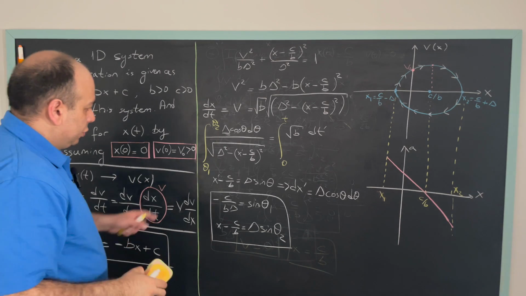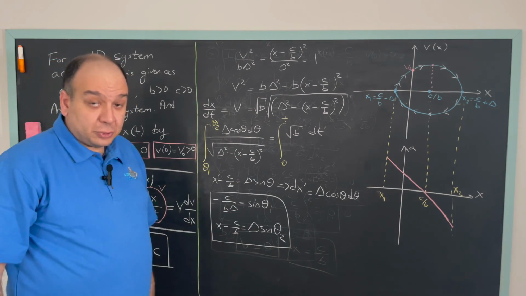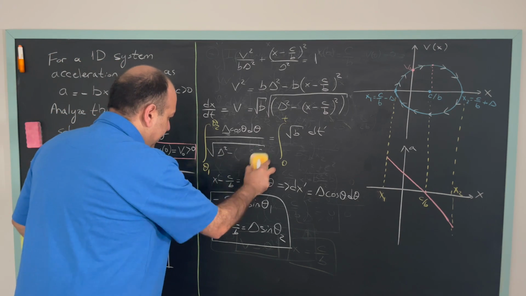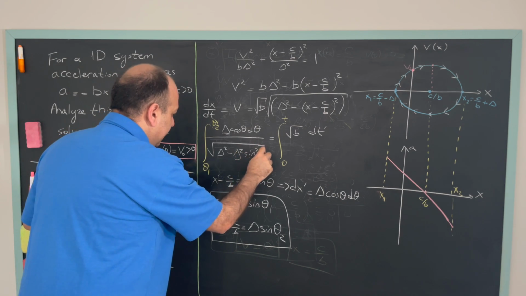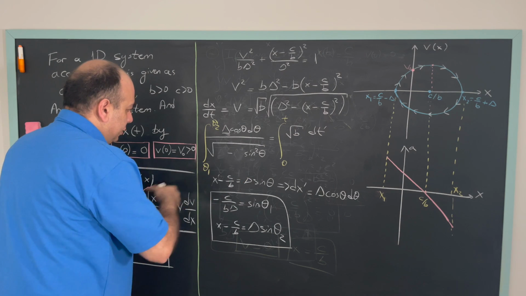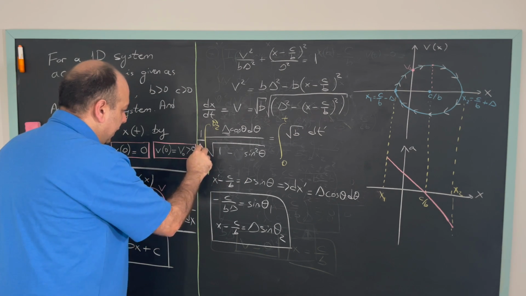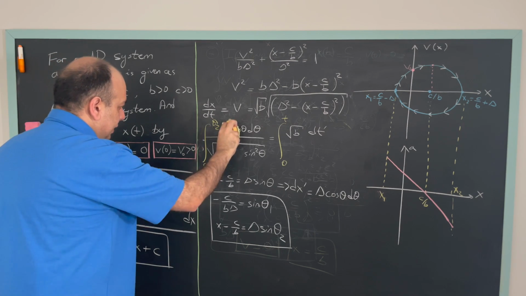Okay. So down here we will have delta square minus delta square sine square theta, so you can take delta square out, so it becomes 1 minus sine square theta. And delta will be 1 over delta here. So this delta is going to cancel this delta.